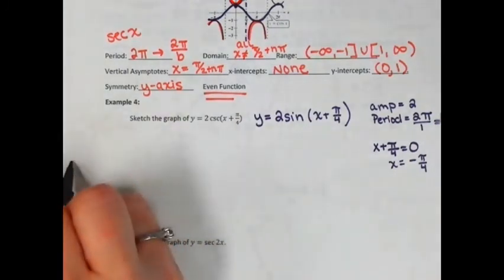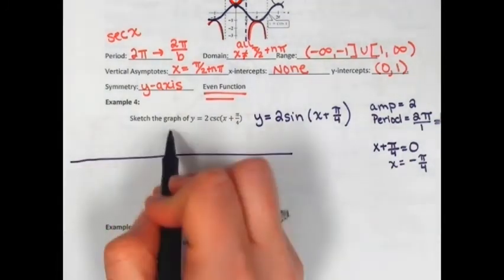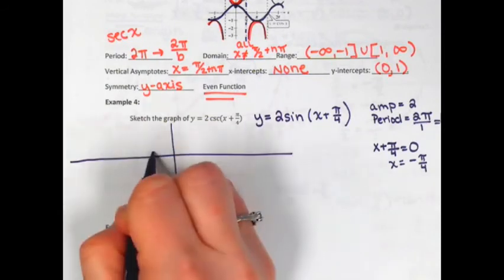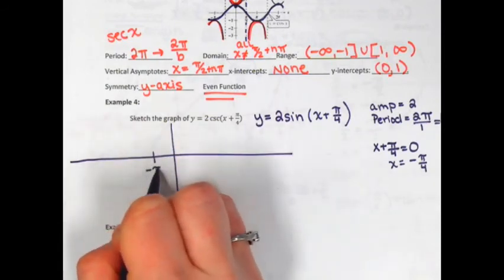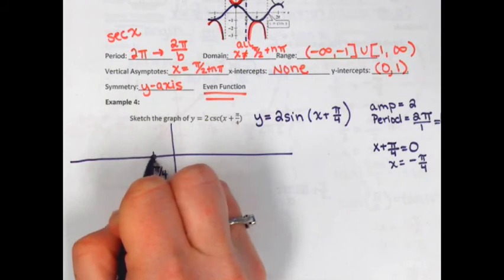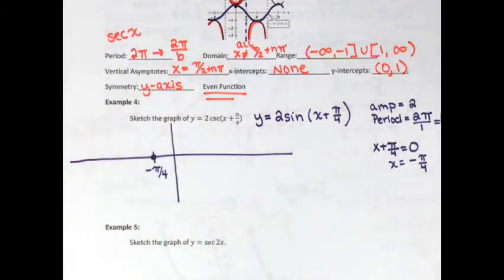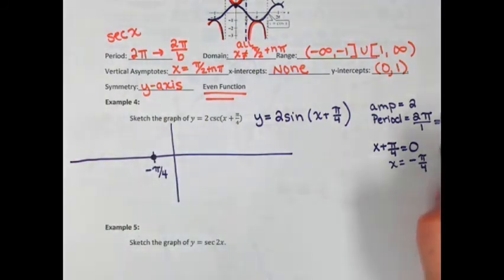So guess what? At negative pi over 4, we're going to have an intercept of 0, right? For my sine curve. So my first coordinate is negative pi over 4 comma 0 in a sine curve because that's an intercept, correct? Okay.